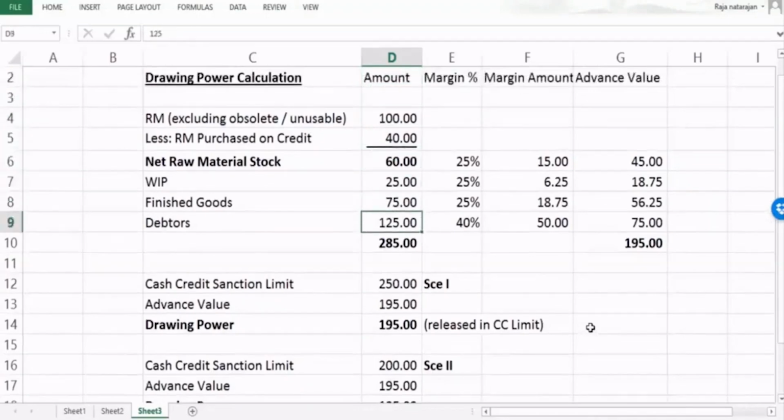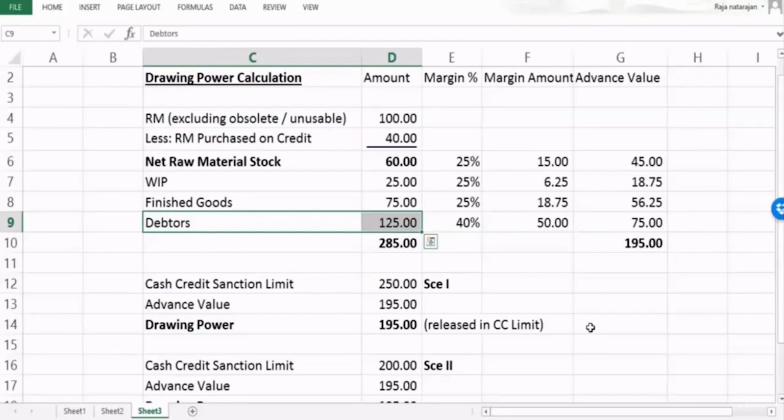And again, with regard to debtors, you cannot include all the debtors in your stock statement, because at the time of sanctioning the cash credit itself, the bank would have stipulated a condition that only debtors fitting in the working capital cycle are eligible. In the earlier sessions we said the company may have the practice of giving 1 month or 2 months credit, and that should have been accepted by the bankers, and only those debtors should be included in the statement.